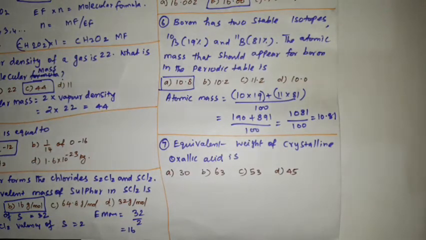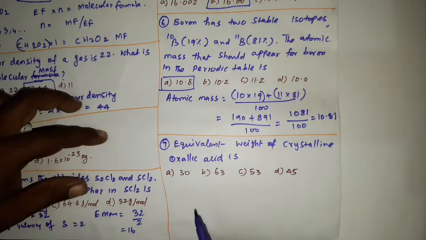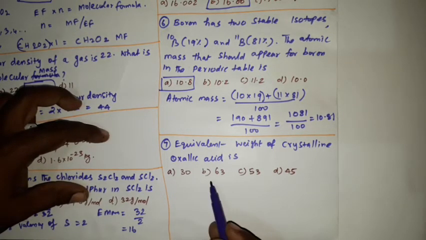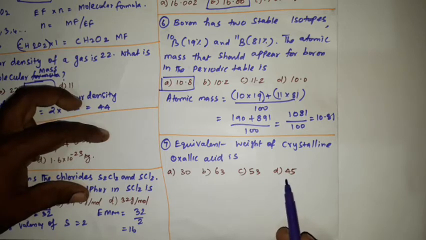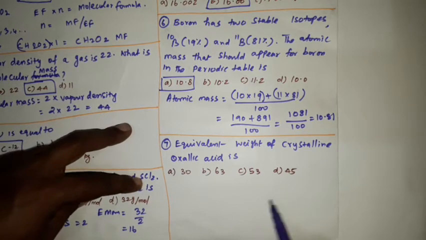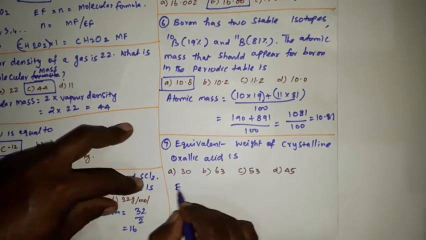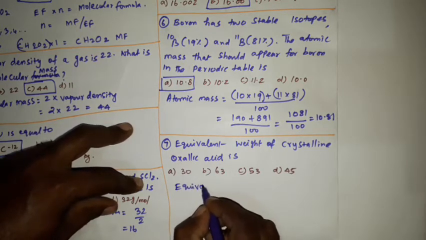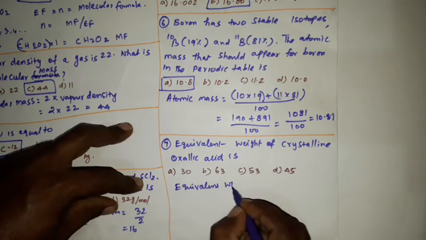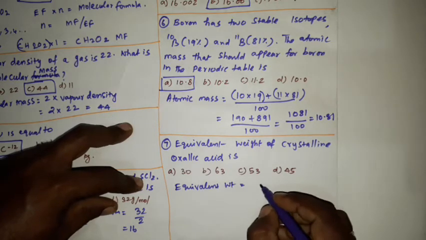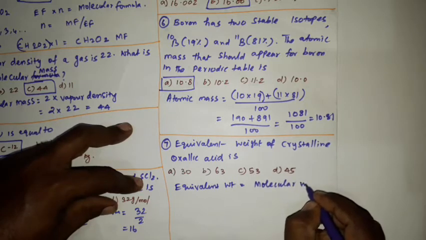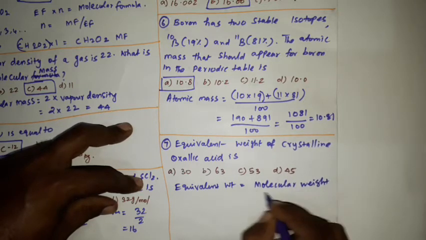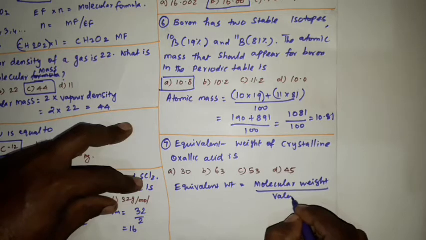Question number 7. Equivalent weight of crystalline oxalic acid is option A 30, option B 63, option C 53, option D 45. So the equivalent weight formula: equivalent weight equals molecular weight divided by valency.